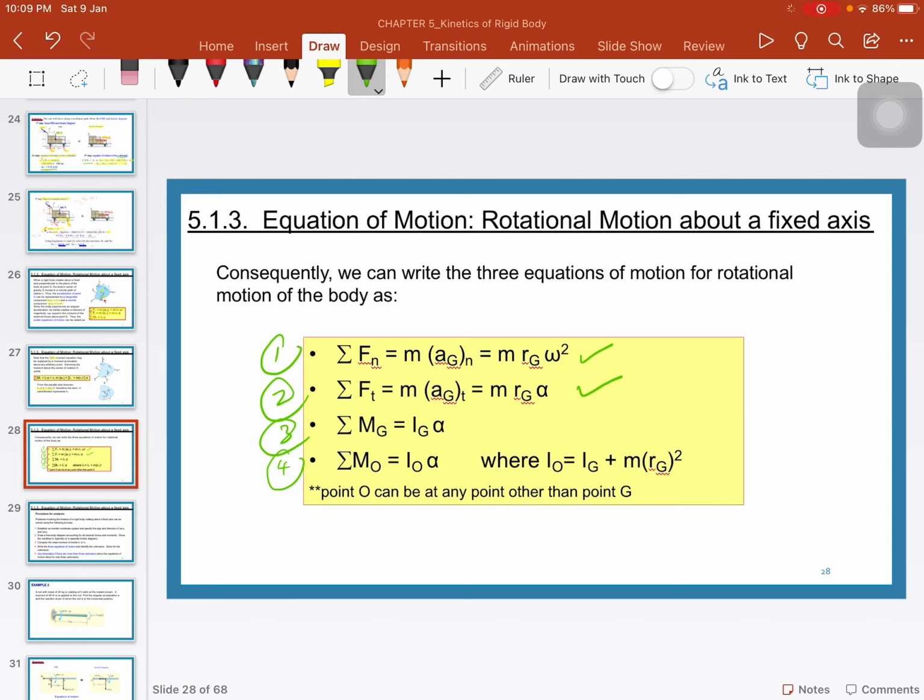So point O can be at any point other than point G. Remember, IO equals IG plus M RG squared, the parallel axis theorem.